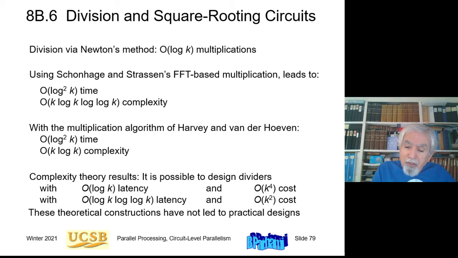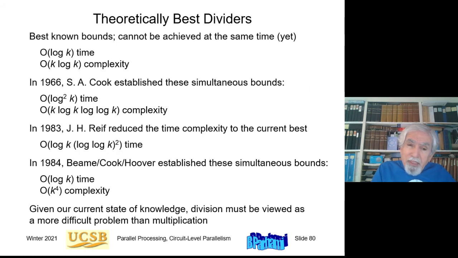So going back to this slide, this is basically the result I referred to. In 1984, it was discovered that you can do division in order log k time with hardware complexity order k to the 4th.